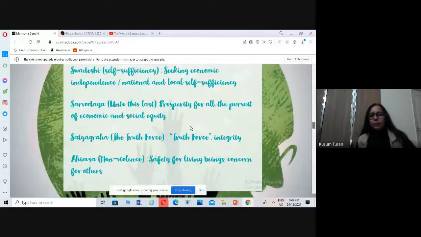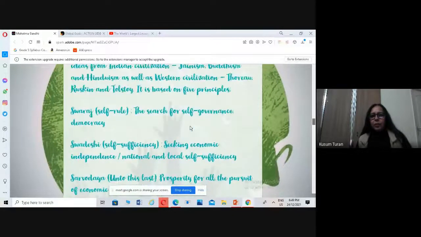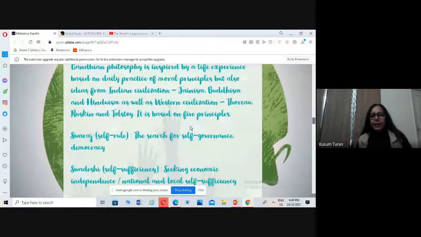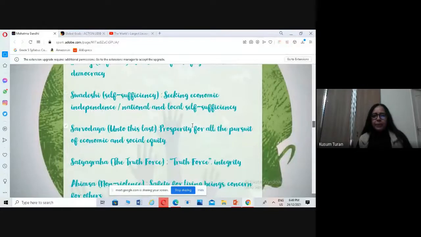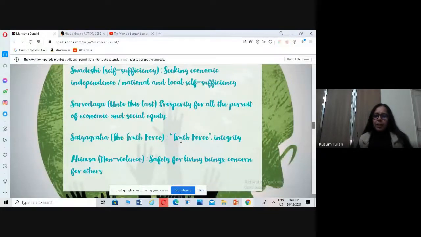So look at the research work the child has come out with. He has related the 17 global goals with Swaraj, Swadeshi, Sarvodaya, Satyagraha, and Ahimsa. So we're talking about peace here. We're talking about the truth force. We're talking about integrity here. We're talking about prosperity.